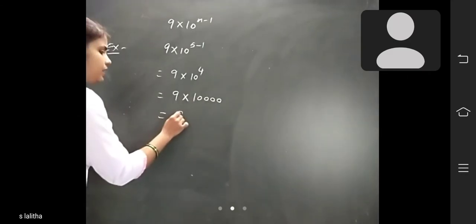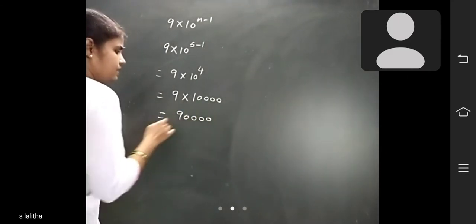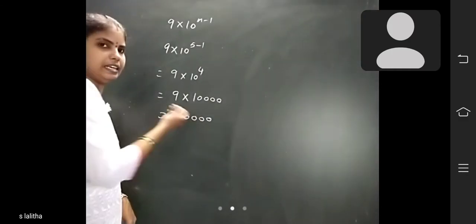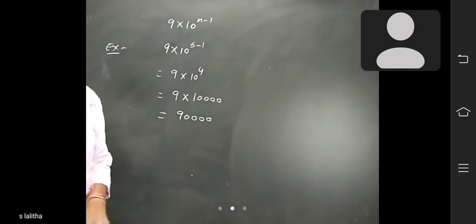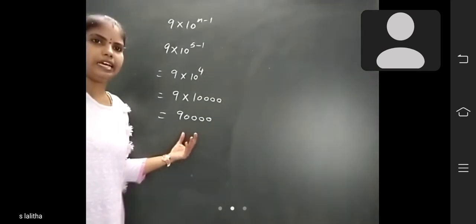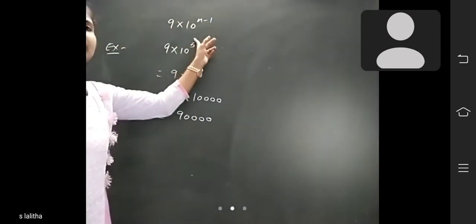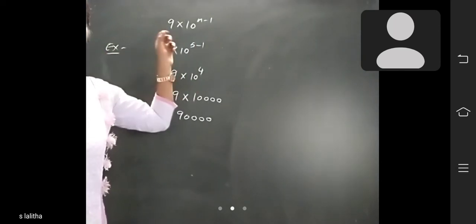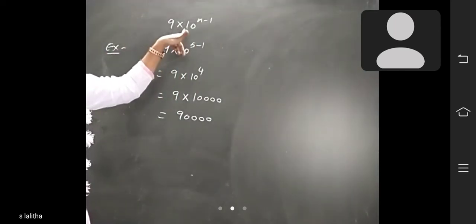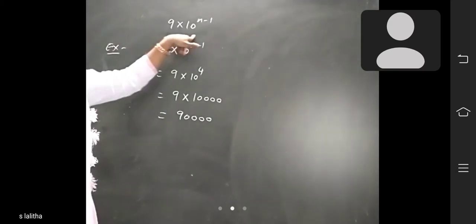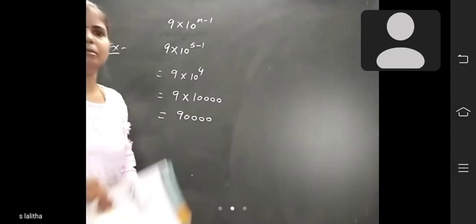So 9 into 10,000 how much? 90,000. So the total number of 5-digit numbers is 90,000. What is the formula? 9 into 10 power n minus 1. Okay?